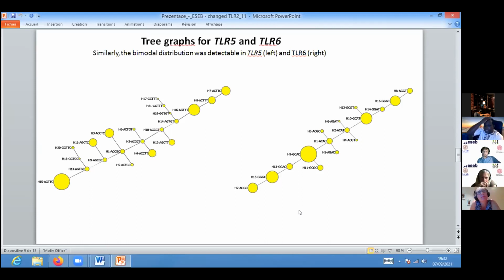On the other hand, when we also look at other TLRs, a similar bimodal distribution was detectable in TLR5. Here you can see it on your left, and TLR6 here on the right, mainly at the proximal region of the TLR5 transcripts.